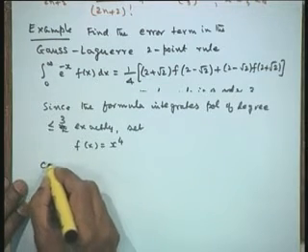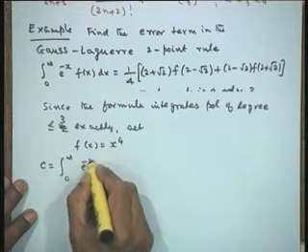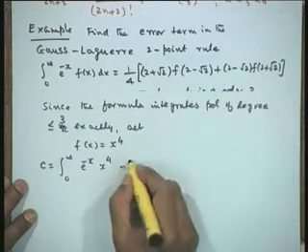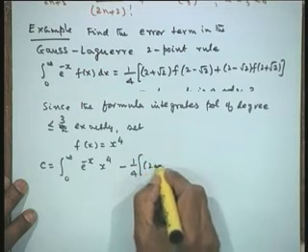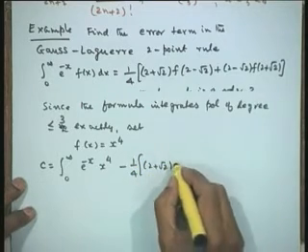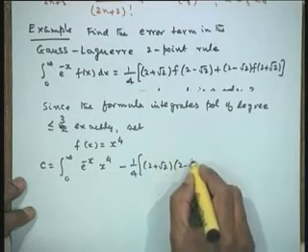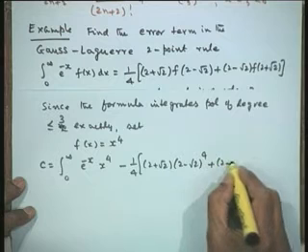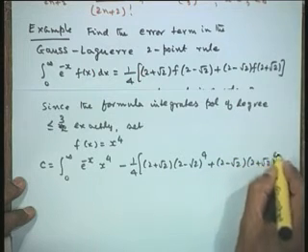Therefore, our error constant should be the integral from 0 to infinity of exponential of minus x times x to the power of 4, minus, we bring everything to the left hand side, 1 upon 4 times (2 plus root 2) and f(x) should be x to the power of 4, that is (2 minus root 2) to the power of 4, plus (2 minus root 2) into (2 plus root 2) to the power of 4.